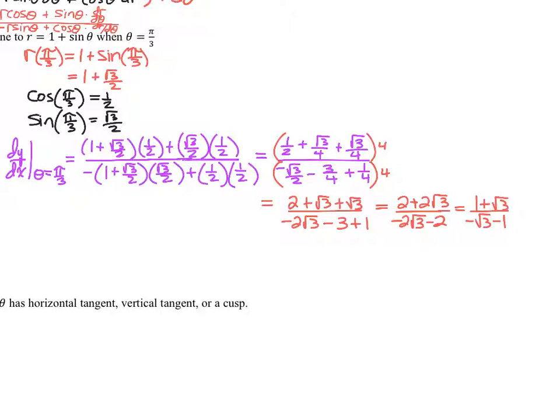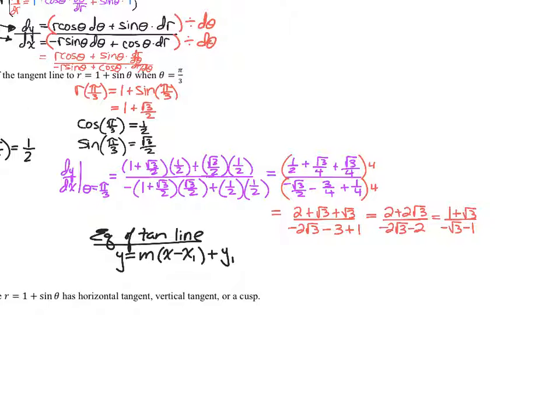Well, that kind of stinks, because the equation of a tangent line, again, in rectangular form, is y equals m times x minus x sub 1 plus y sub 1. What that means is that I need the x and y values for this function also at pi over 3.